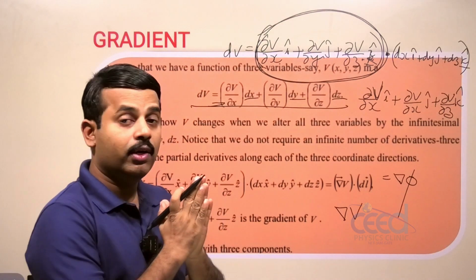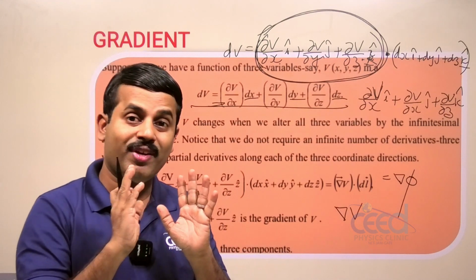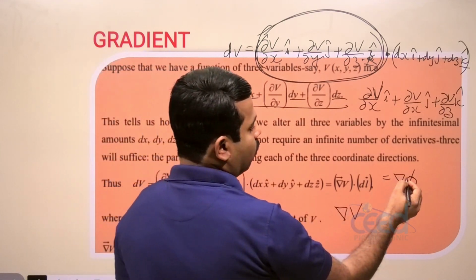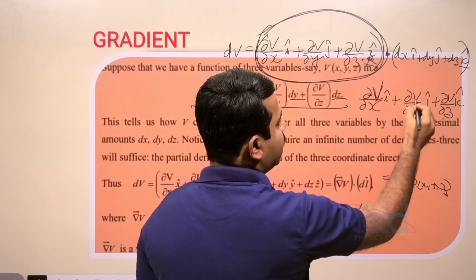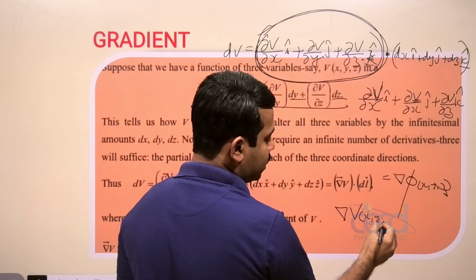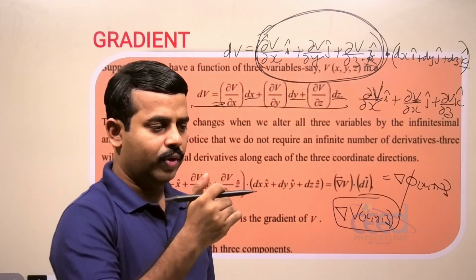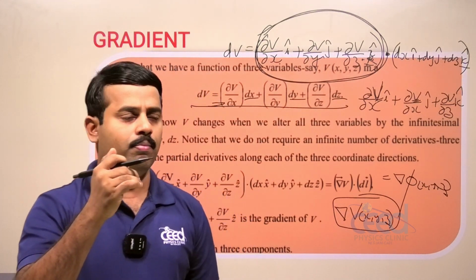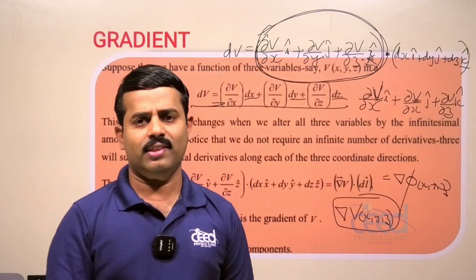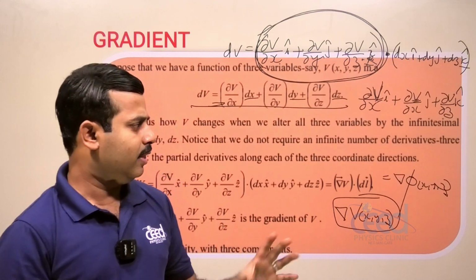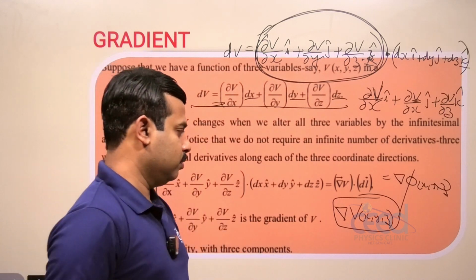Here v is a function of x, y, z. Then what does gradient v represent? Dou v by dou x i cap plus dou v by dou y j cap plus dou v by dou z k cap.